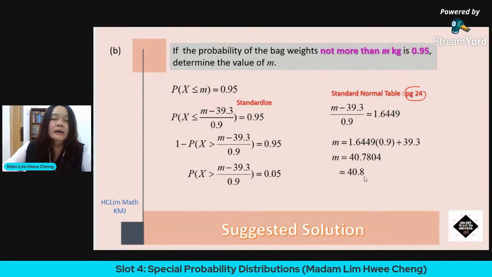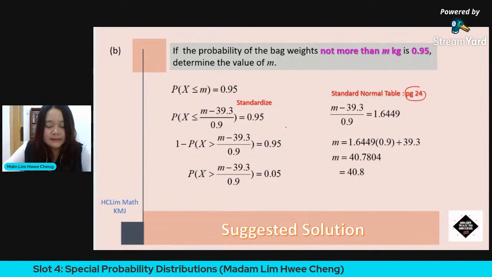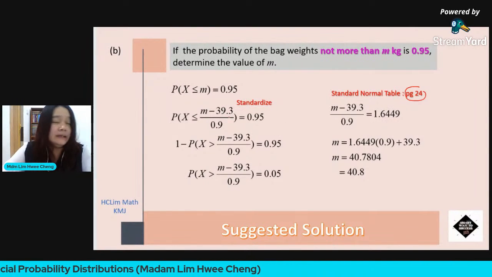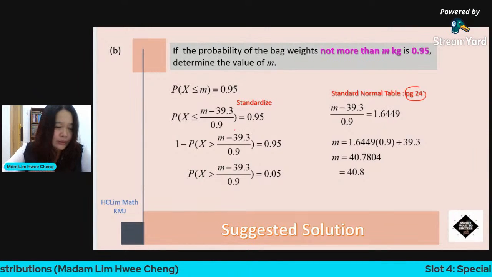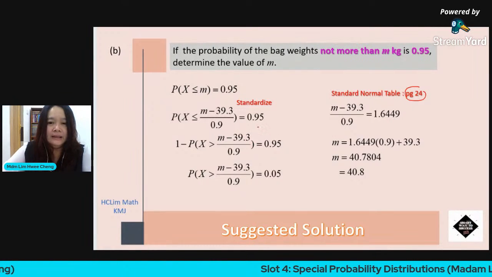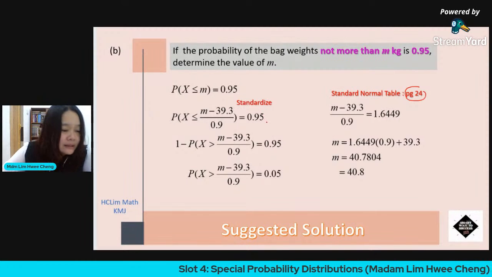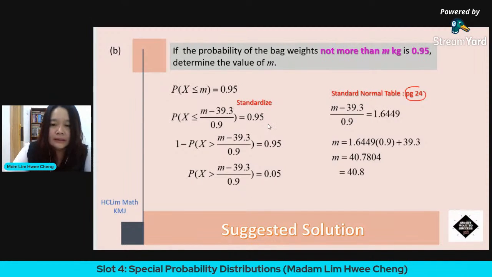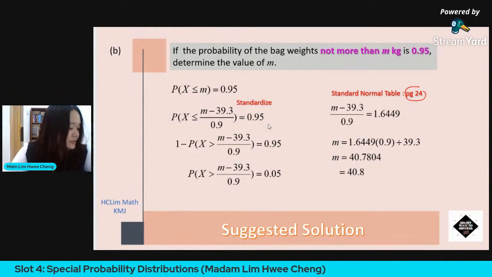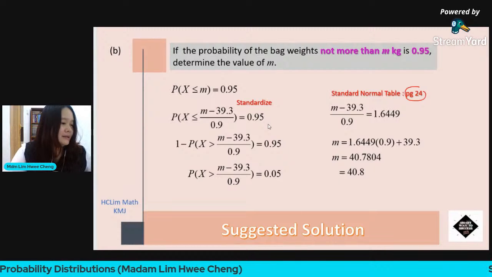For these cases, because the original is a normal distribution, we do not need to do the continuity correction. For this one we only standardize. Okay, so the last question.